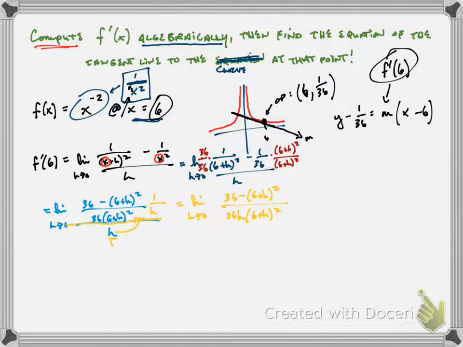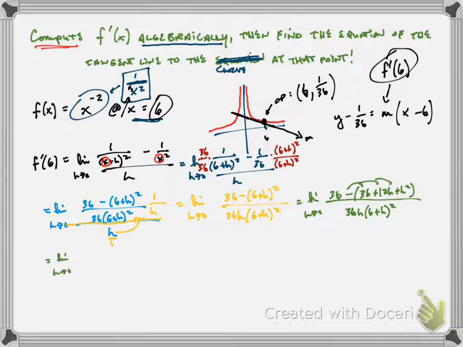We can square this binomial. Limit as h goes to 0 of 36 minus the quantity 6 squared, 36, plus twice 6 times h, so it's going to be plus 12h, plus h squared, all over 36h times 6 plus h quantity squared. Now, distribute the negative. We're getting close.